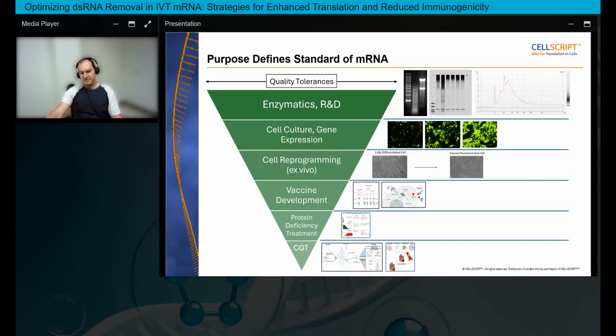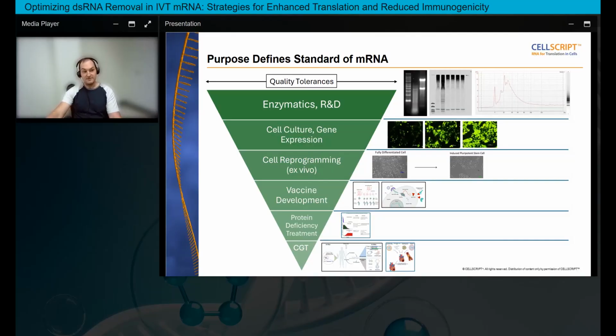Maybe what you'll start to have is some of the effects of reduced protein expression, but the cells themselves will be able to tolerate one dose, a few doses, without too much ill effect. You go down further and further: cell reprogramming, vaccine development, protein deficiency, cell and gene therapy. Each one of these sort of increases the complexity of the living system that it's in.